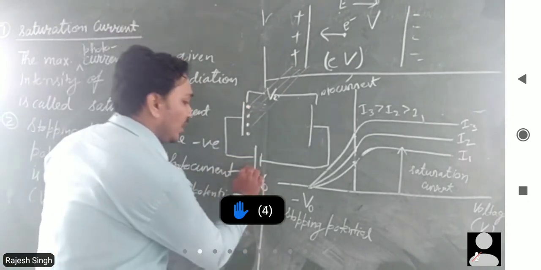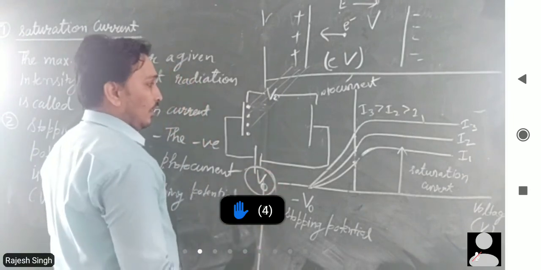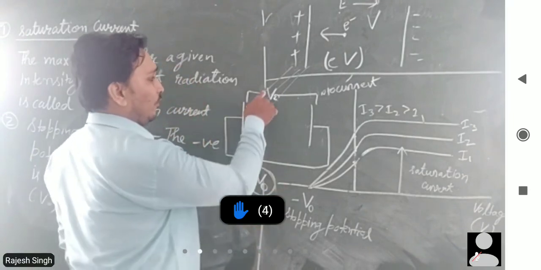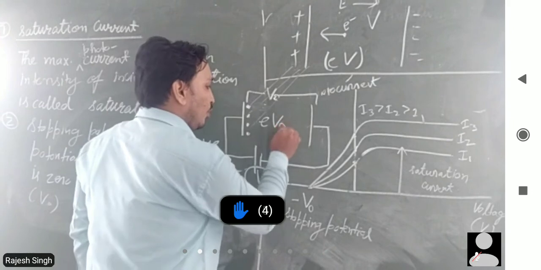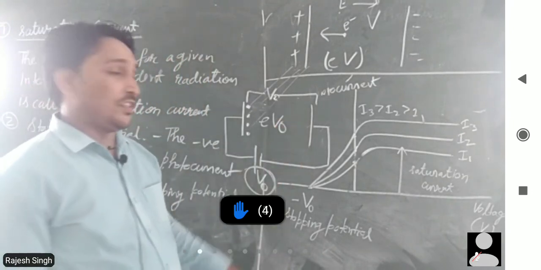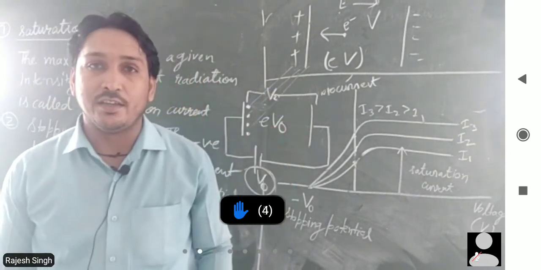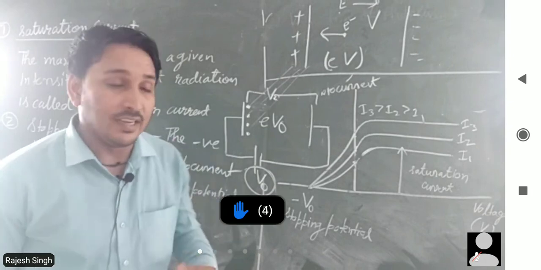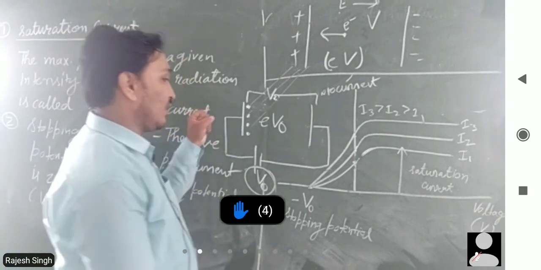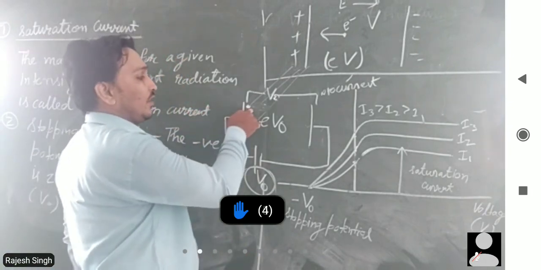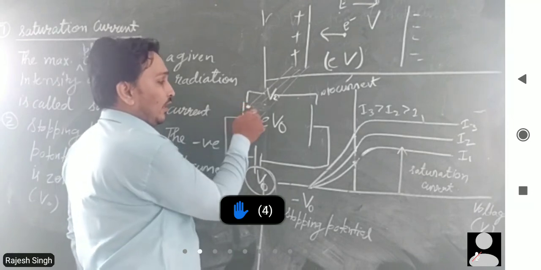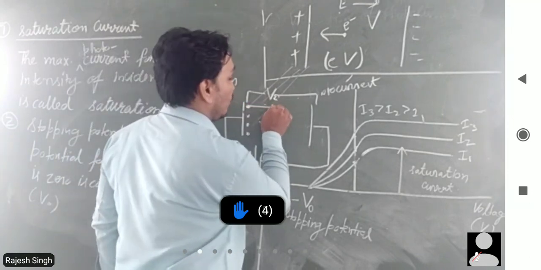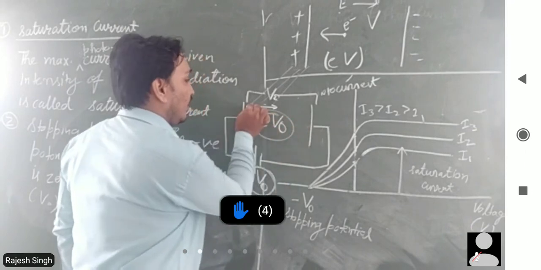Because with this V naught, we have given the electrons an energy equal to eV naught, which is basically equal to their kinetic energy. The kinetic energy of the electron is trying to push it towards the plate, but this eV naught is pushing the electron back.